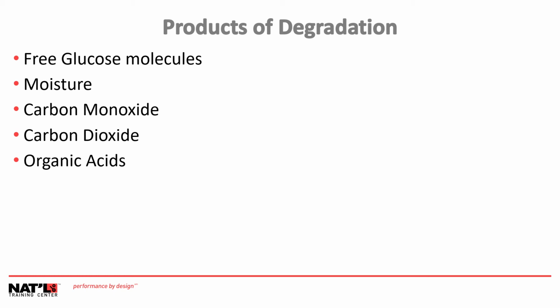From our carbon monoxide and carbon dioxide Tech Byte and our discussions here, it can be observed that the immediate byproducts related to paper degradation are carbon monoxide or CO, carbon dioxide, CO2, moisture, organic acids, and free glucose molecules.